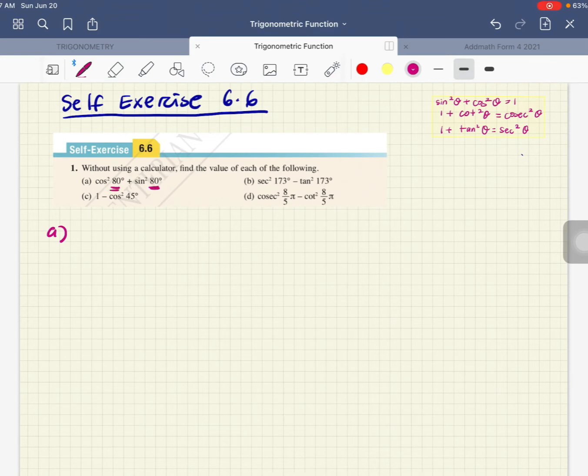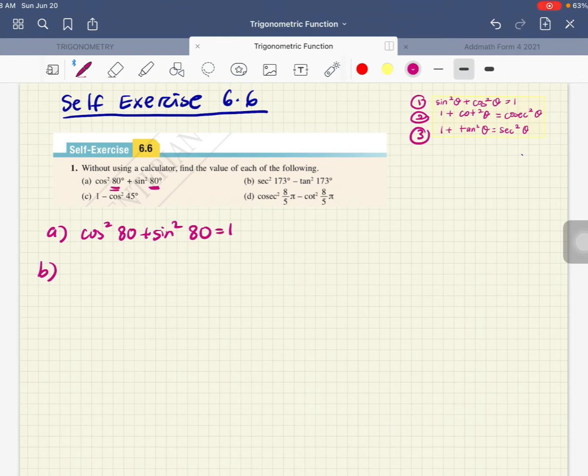So according to the first identity, they have the same angle, so it's supposed to be 1. So cos squared 80 plus sine square 80 is equal to 1.